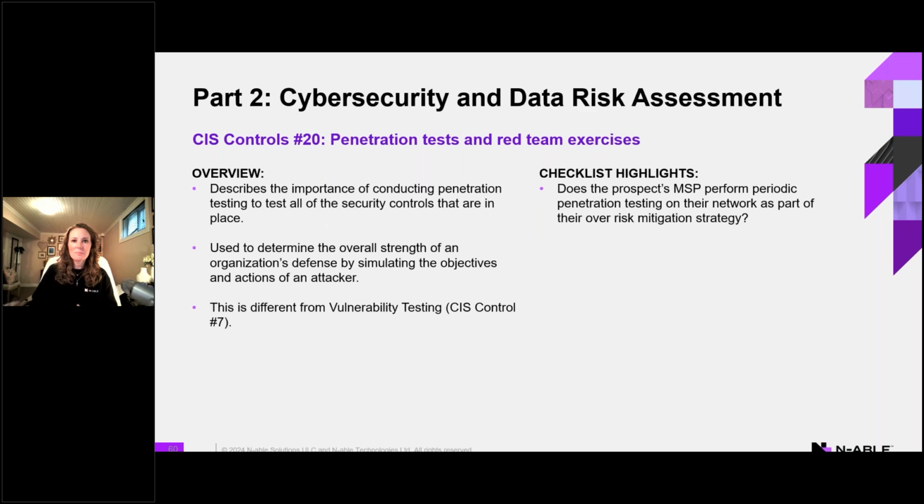them. And then a final testament to a good security program, number 20, is more of a higher level control, but number 20 does recommend that the organization test all of the security controls that are in place to determine the overall strength of an organization's defense, the technology, the processes, the people, and they do this by simulating the actions and objectives of an attacker.